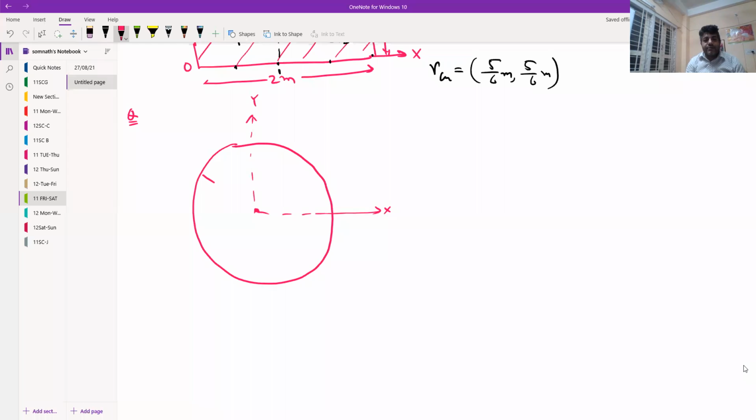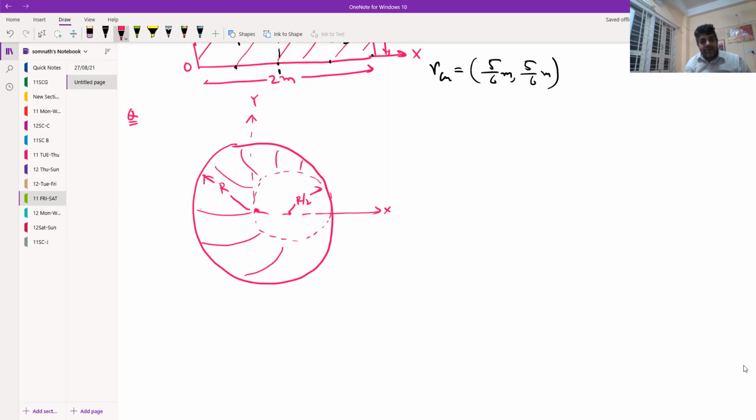The radius of the disk is capital R. Now from this disk, you cut out a disk whose radius is R by 2. So the question is, what is the center of mass of the remaining disk?